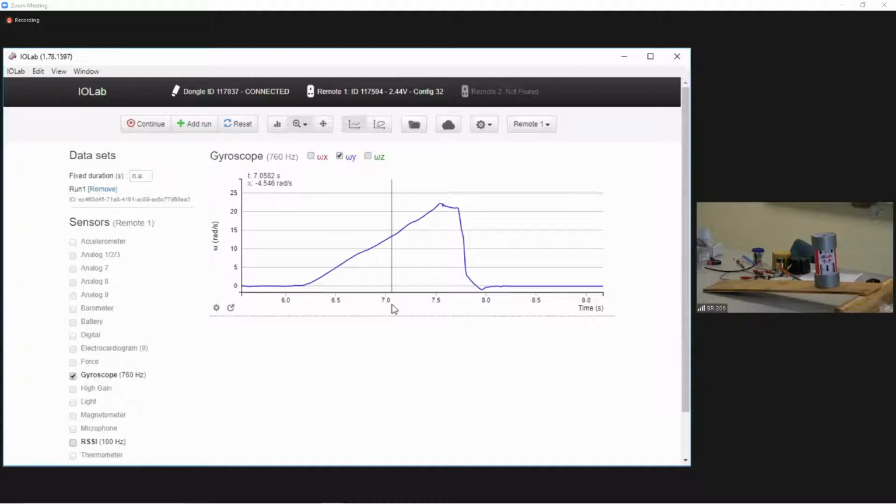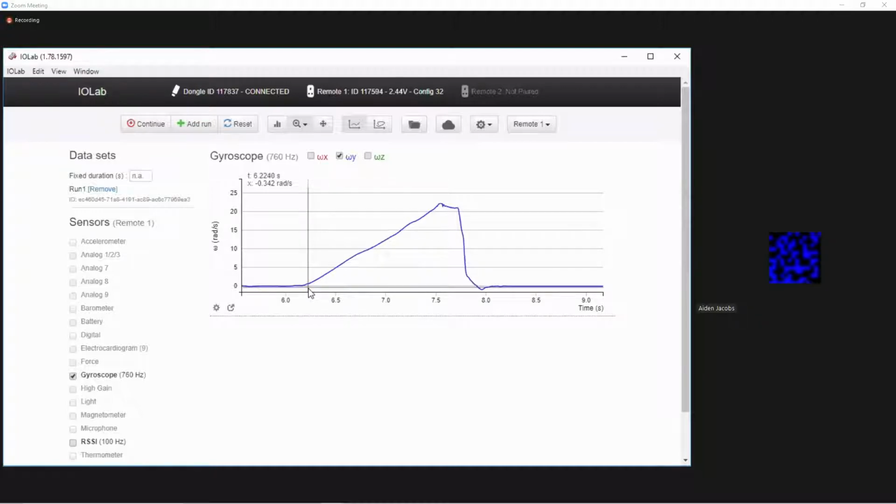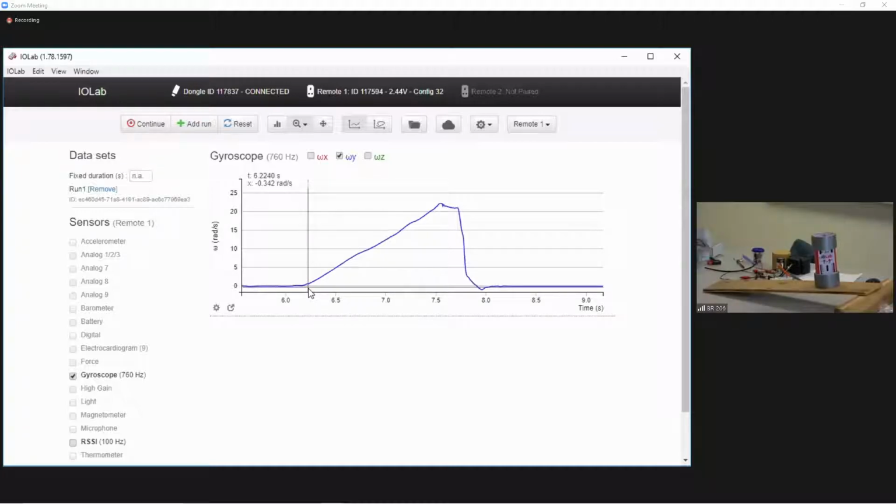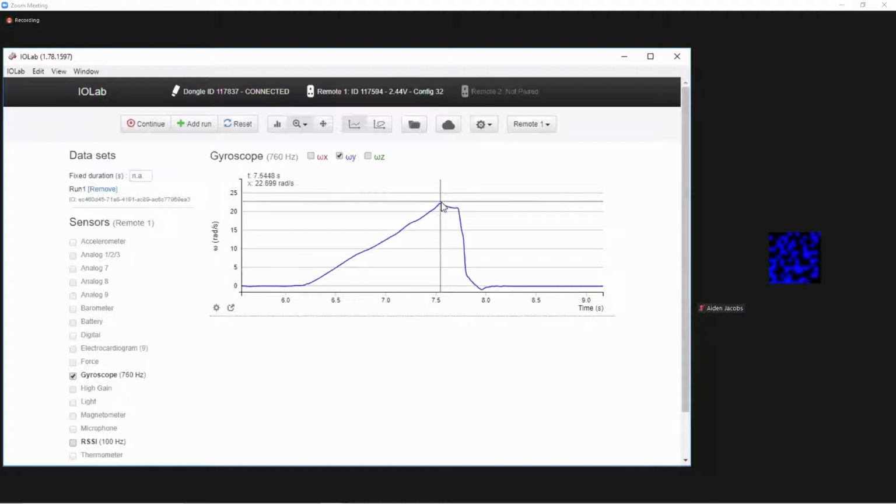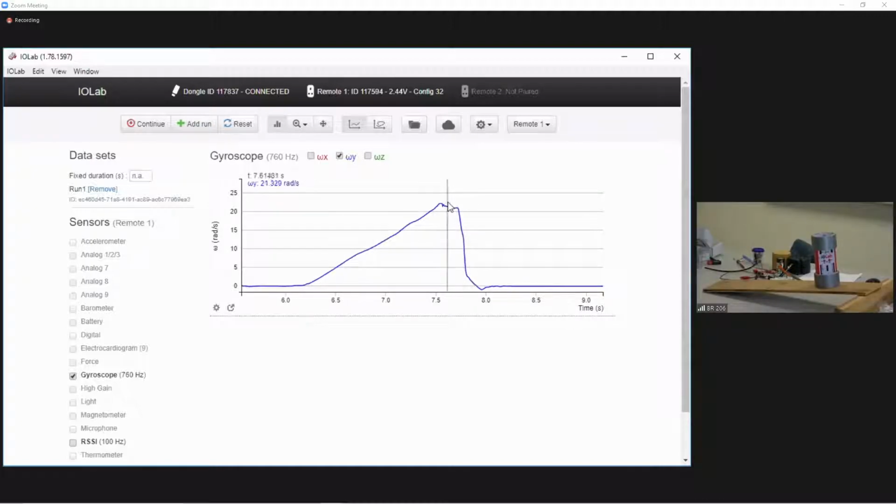Remember, omega is the rate at which this thing is rotating, the angular speed. So what is this physically showing is going on? The thing is speeding up. Okay, speeding up is maybe not quite the right term, but speeding up angularly. In other words, it's starting to rotate faster and faster and faster, which makes perfect sense because it's rolling downhill, right? And somewhere around here is where it fell off my track.